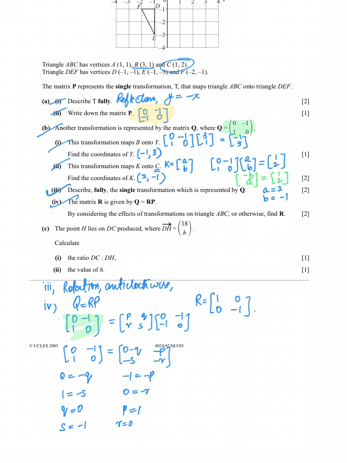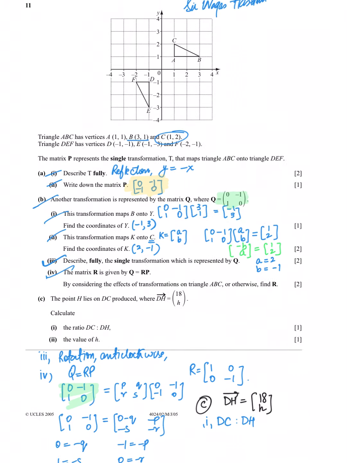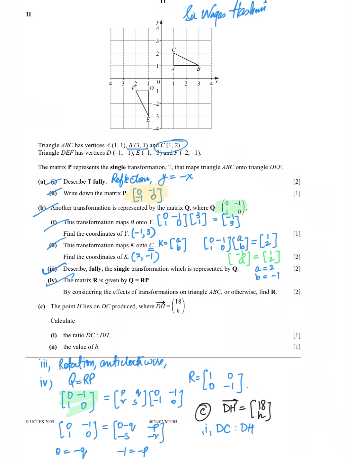Moving on to part 5C. The point H lies on DC produced. DH is equal to 18, and we need to find the ratio of DC to DH. For this part let me have a look at your figure. It says that point H lies on the line DC.